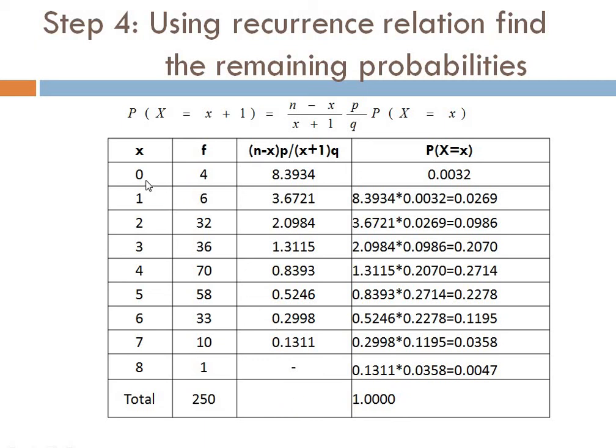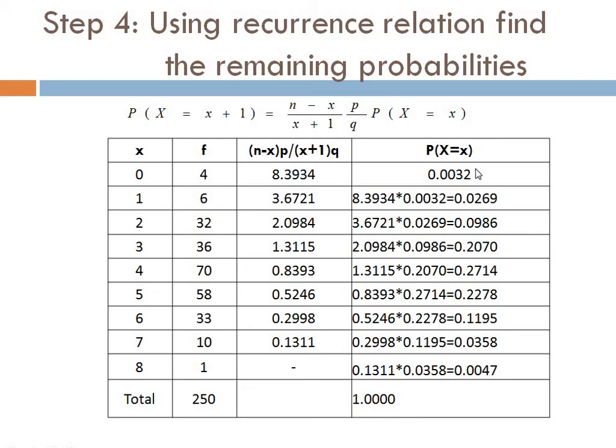Now for x equal to 0, we substitute n is 8, x is 0, p is 0.512, then x plus 1 is 0 plus 1 and q is 0.488. So after simplification we get 8.3934. Similarly, we can obtain rest of the entries.